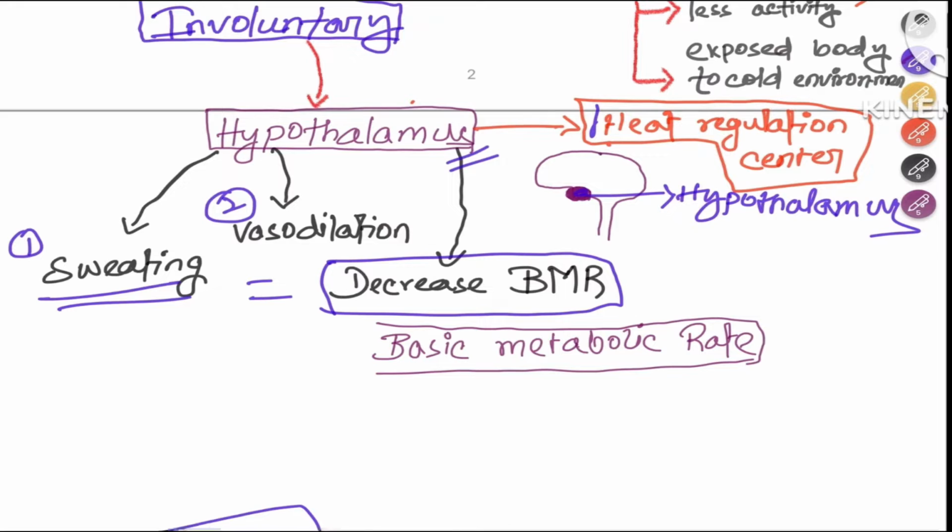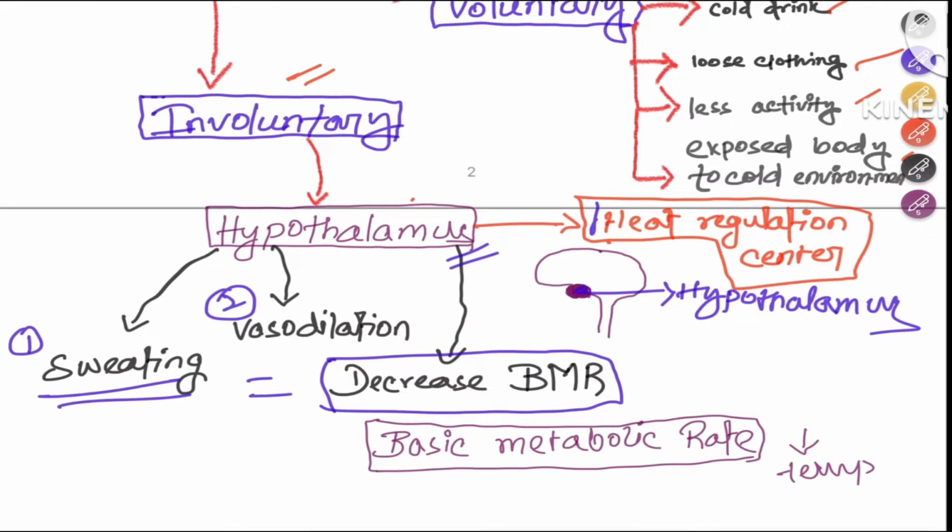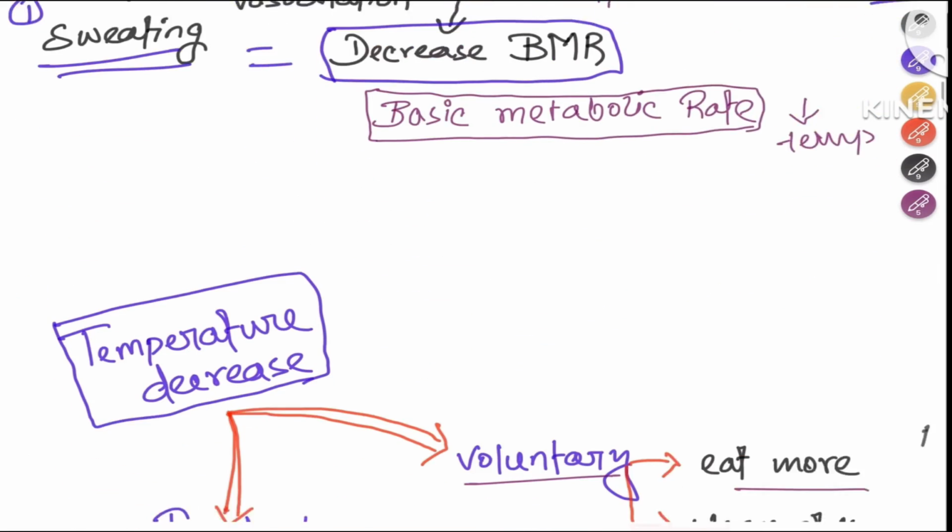It's the number of calories we need to maintain our daily normal activity. That is the BMR. When our BMR decreases, at that time temperature also will decrease. So the hypothalamus will decrease BMR. So this is involuntary. The hypothalamus will do it automatically.